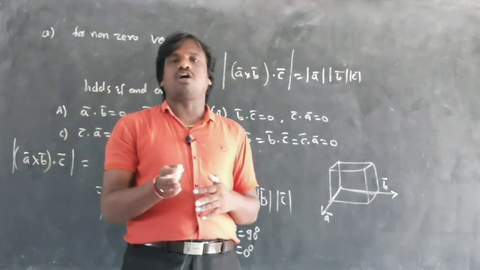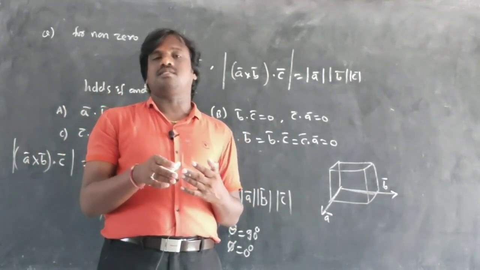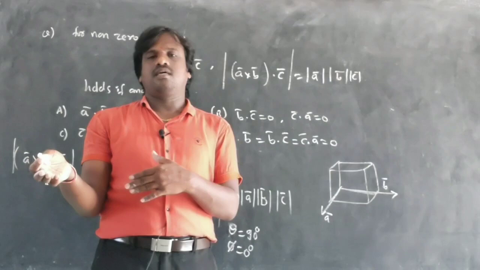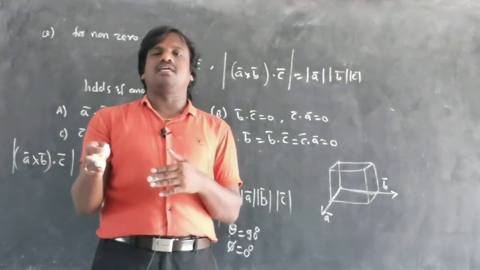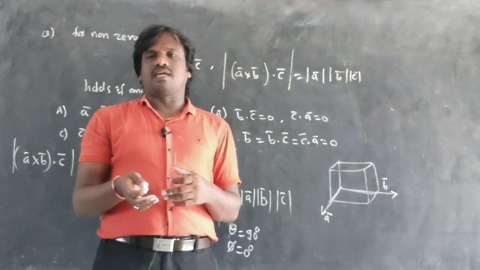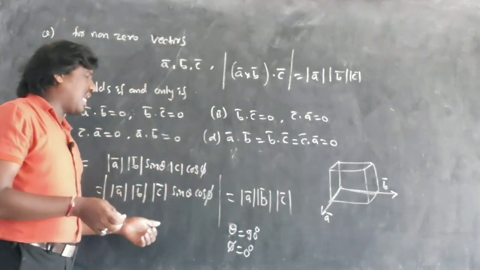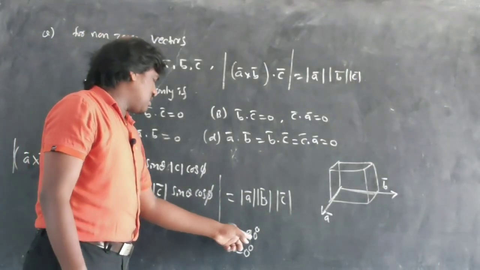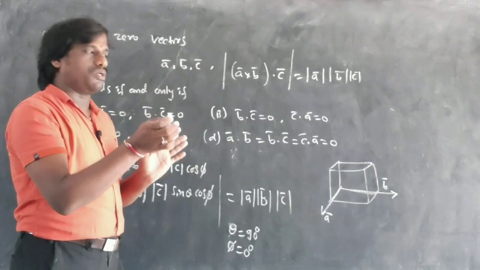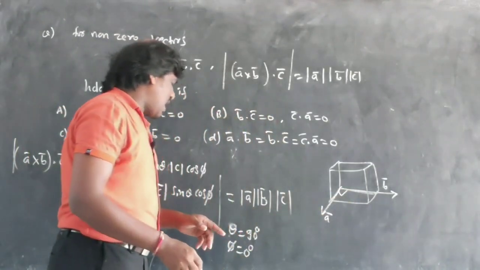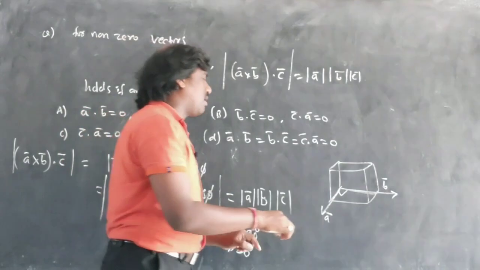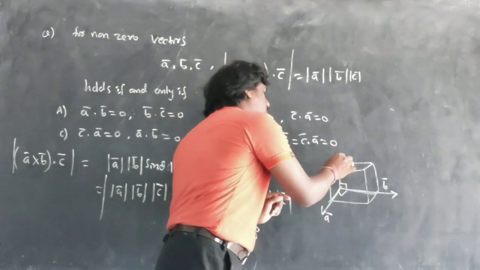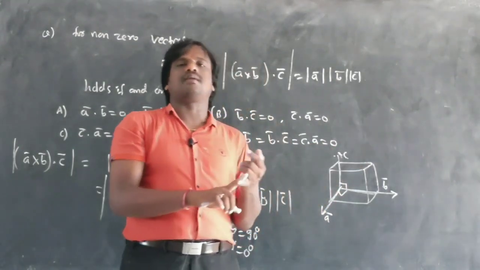Cos 0 means a dot b is equal to mod a mod b cos pi. When the lines are perpendicular to each other, this is 90 degrees. And if it is 0 degrees, it means a, b, c are perpendicular to each other.